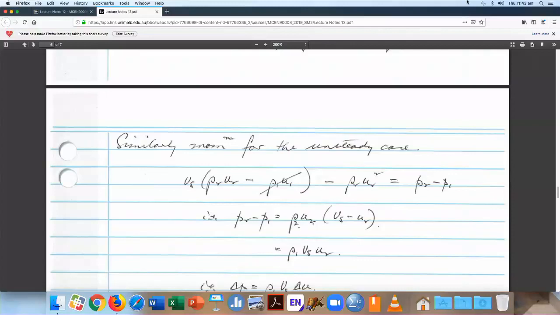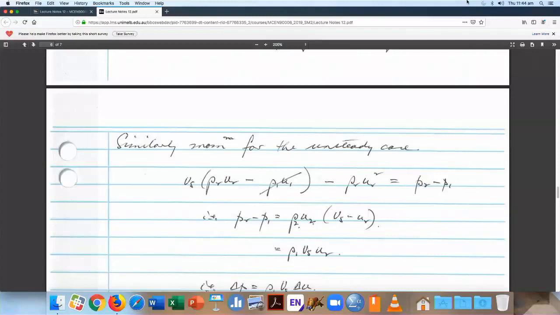The rate of change of momentum in the volume, well, there's rho 1 U1, and this is just the same thing as I did before. You've now got rho 2 U2 and it's moving with US. The shock wave moved at US delta T, and so the volume is, and so the rate of change will be US delta T divided by delta T, and so I'll just have US.